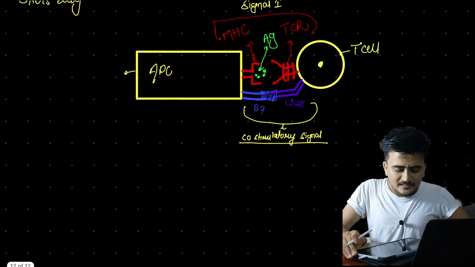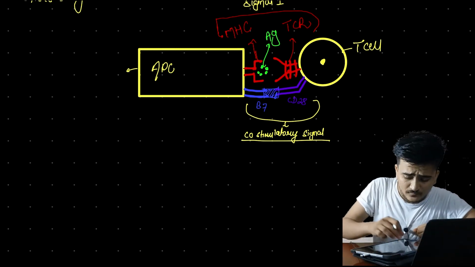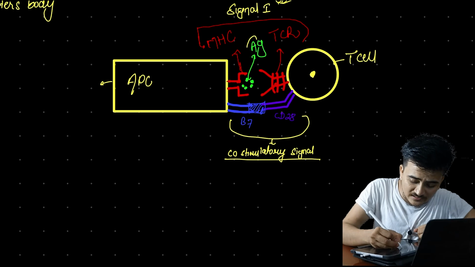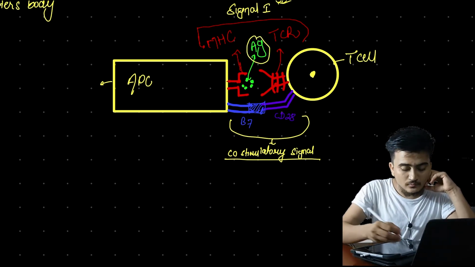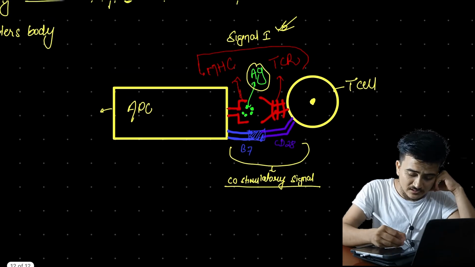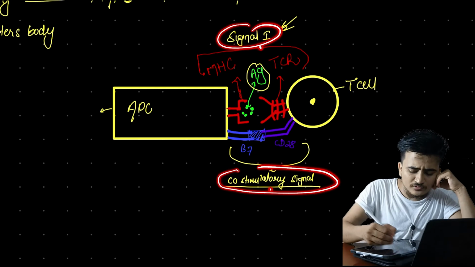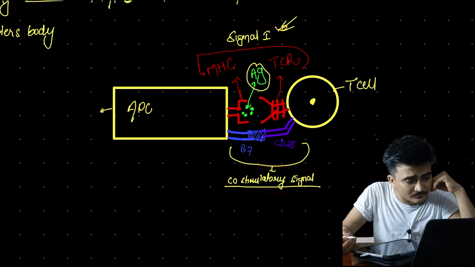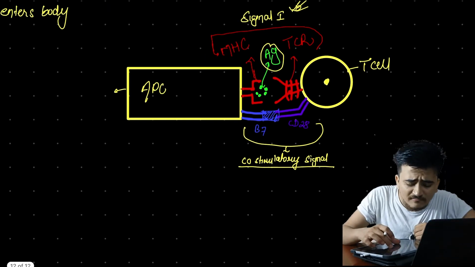Another thing that I would like to take you toward is external antigen. This external antigen provides signal 1, and also the co-stimulatory signal. I mean, both of these are provided by external antigen, right? Antigen that comes from outside. What about self antigen?